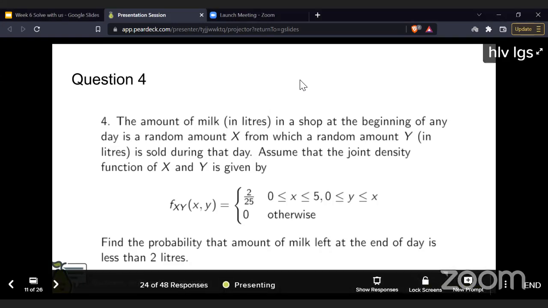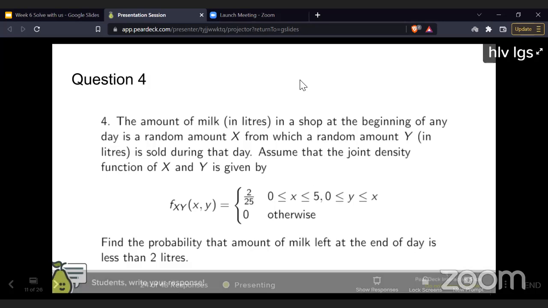So as we had discussed, what we had to find here is the probability that x minus y is less than 2. Okay. So what should you do? What should be your first step here?